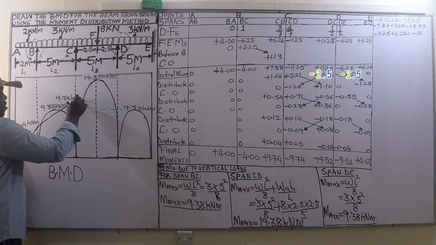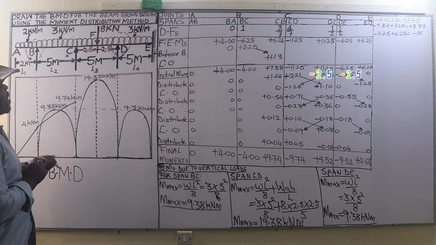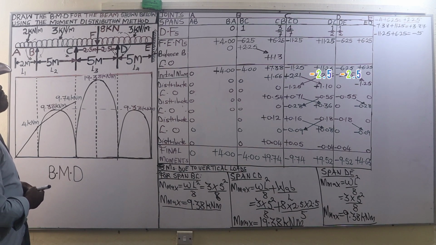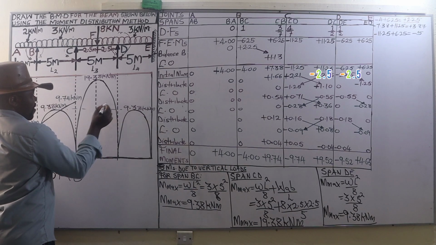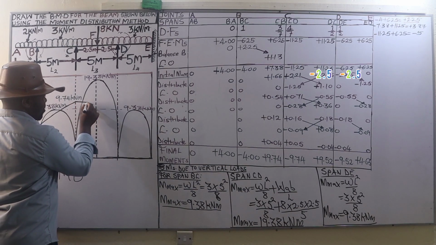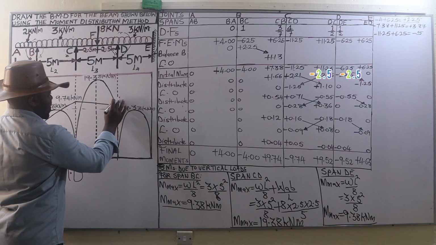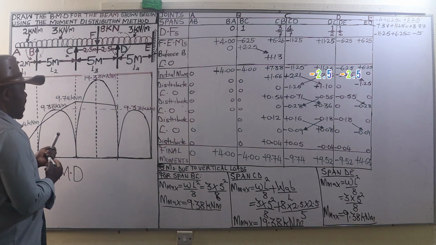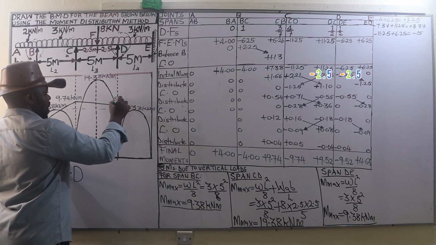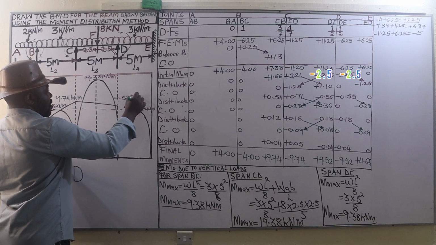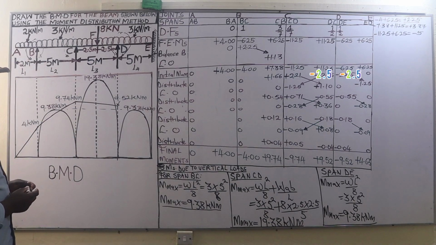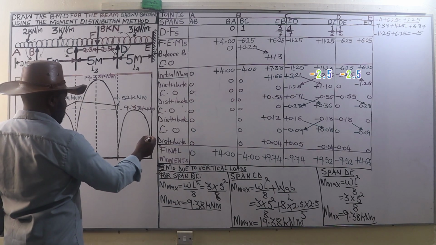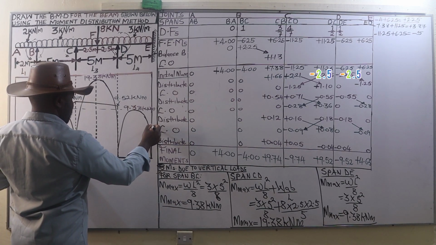This one is 9.74 kilonewtons meter. Then we got the bending moment at D, which is 9.52. So 9.52 somewhere there. So I join that to, yep, exactly. So this is 9.52 kilonewtons meter, that point. And then the bending moment at the joint E, 4.63. So 4.63 just above 4. So again at that point.